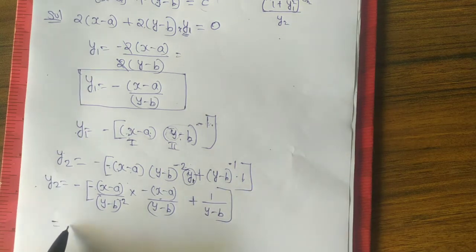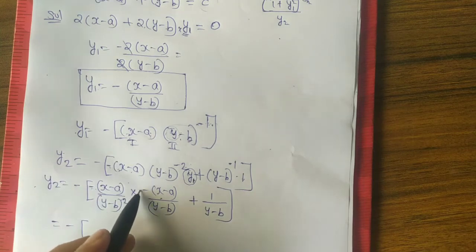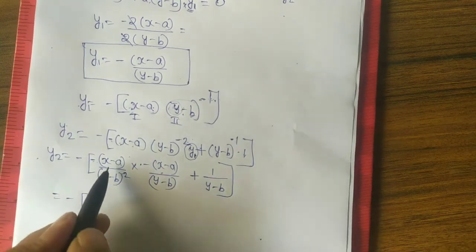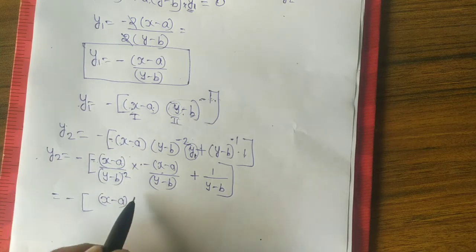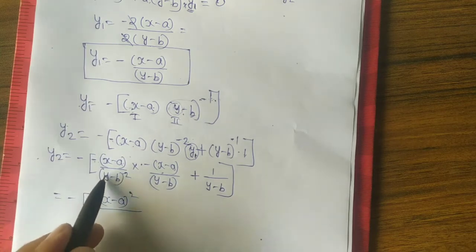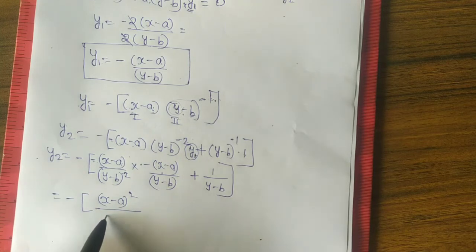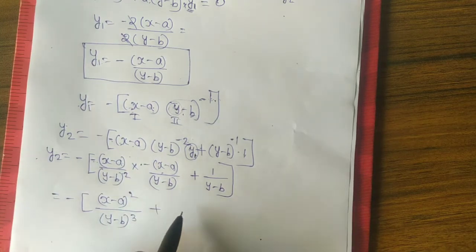So now let us see here, minus into minus, it is plus, x minus a into x minus a is x minus a whole square, and y minus b whole square into y minus b is y minus b whole cube, plus 1 upon y minus b.